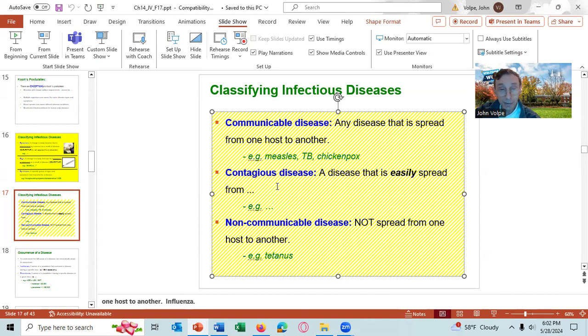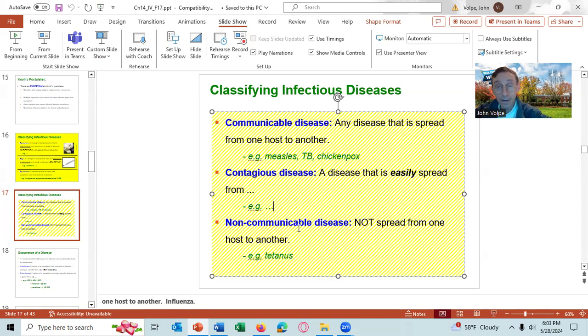Something like 90% of the population cannot pick up leprosy from another patient. I'm not sure if that's leprosy in general or they can't pick it up from another patient, but the point is that leprosy is communicable, but it is not contagious. It does not tend to spread. Okay, any question about the difference between communicable disease and contagious disease?